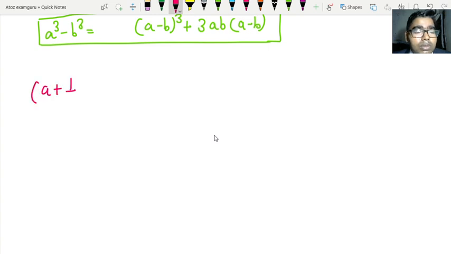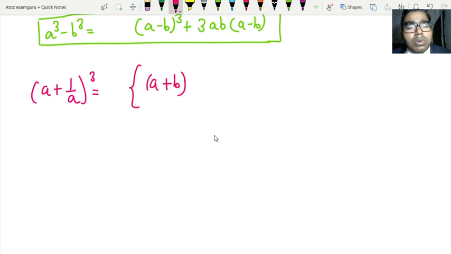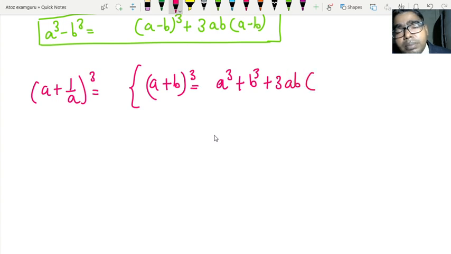The next formula is a plus 1 upon a whole cube. Right friends? And how will you explain it? Simply you will use the previous formula of a plus b whole cube, and that is a cube plus b cube plus 3ab, bracket a plus b.